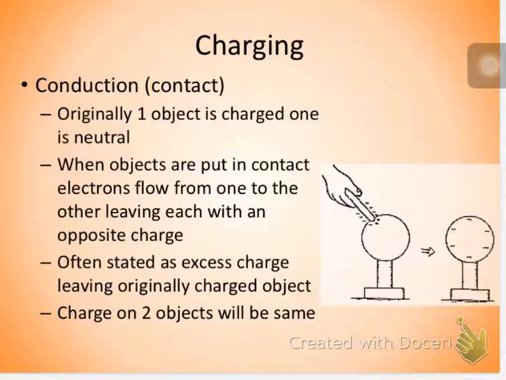If you had a rod that you were adding electrons to with your material, and you had grounded your hanging rod, and then you touched the two rods, electrons would travel from one to the other. The electrons flow off of one object onto the other, leaving each with an opposite charge.